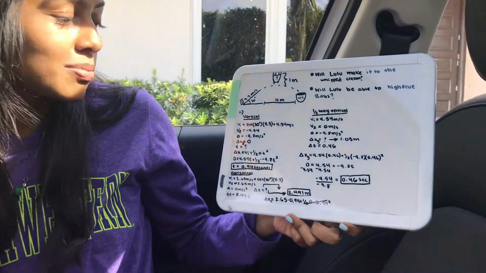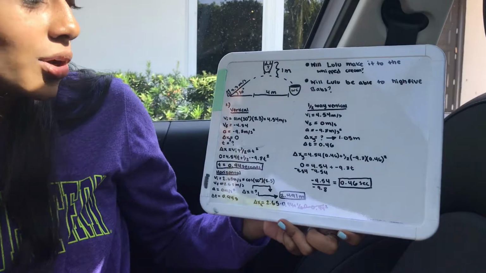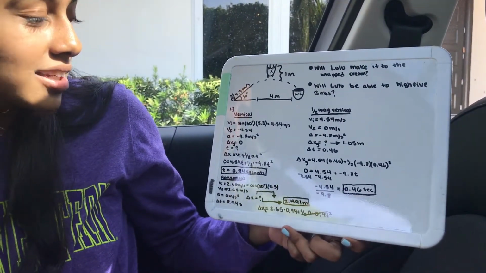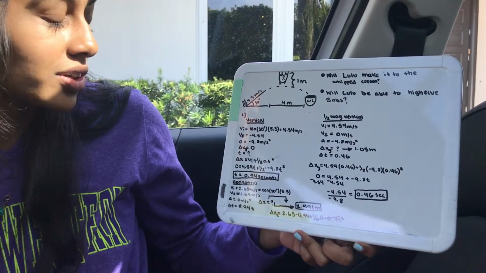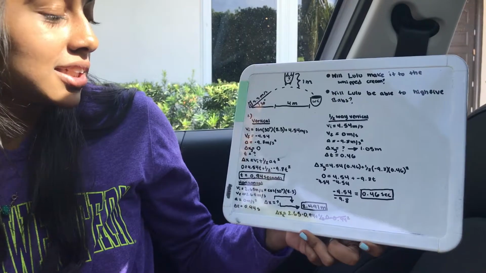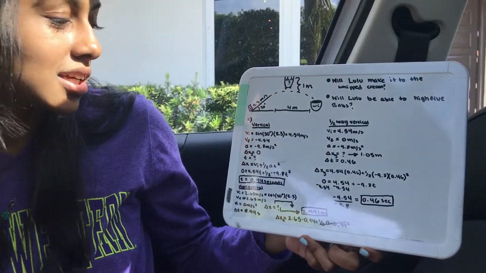Since we had the initial velocity, we can find the vertical velocity using the sine of 30 multiplied by the initial velocity, which gives us 4.54 meters per second. Since we know the initial velocity in the vertical direction, we know that the final velocity is equal and opposite to the initial velocity.